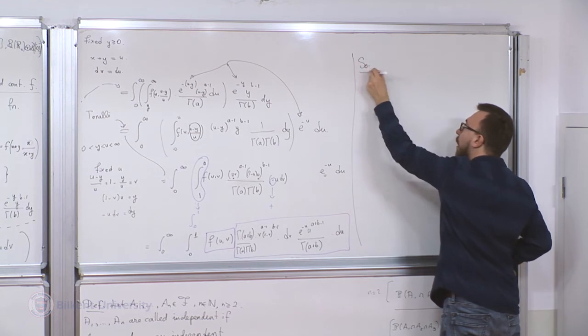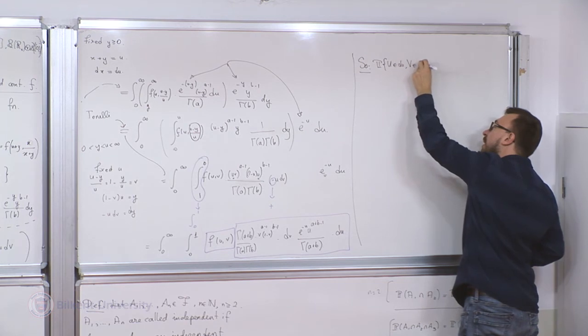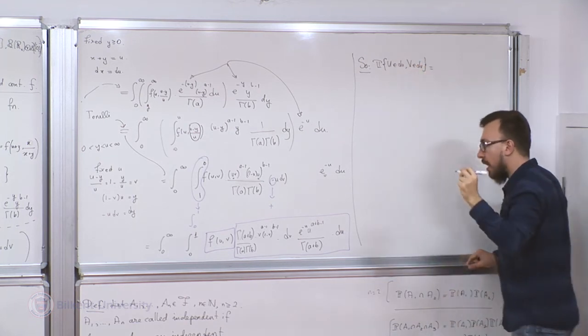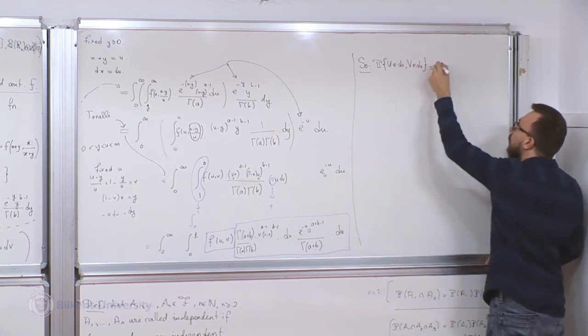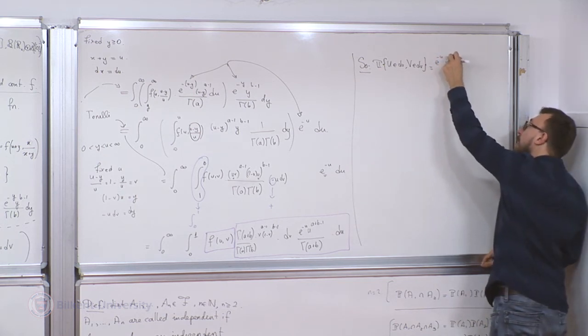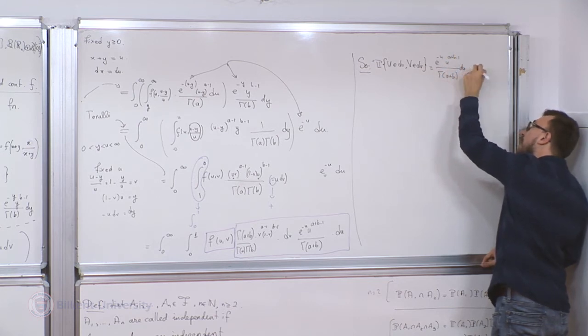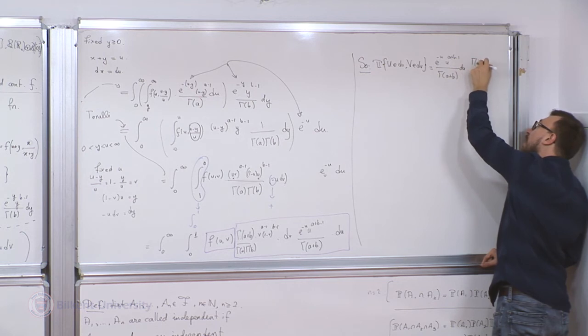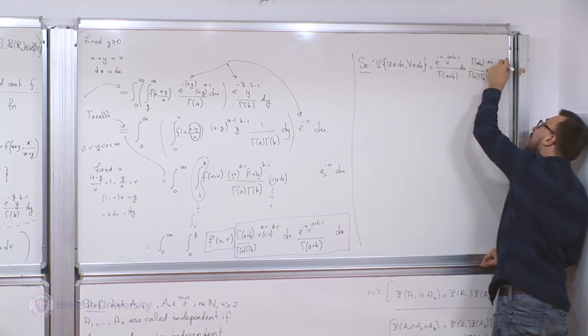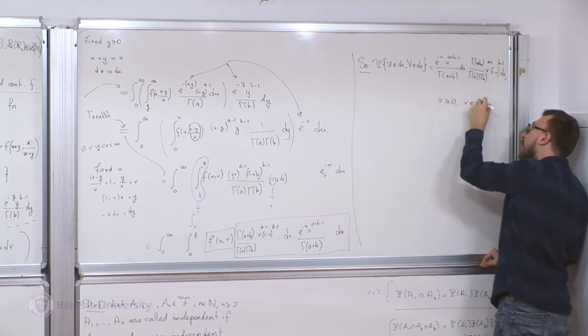So the law of u in du, v in dv is, let me first write the u part. Where u is positive and v is between 0 and 1.